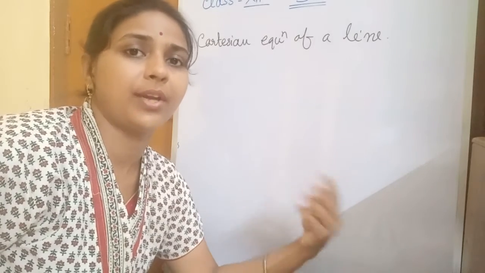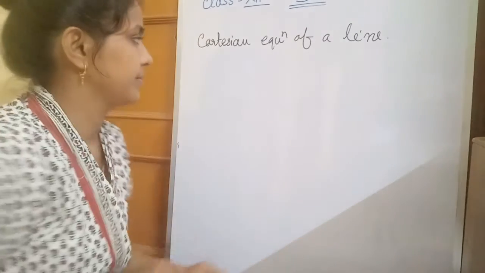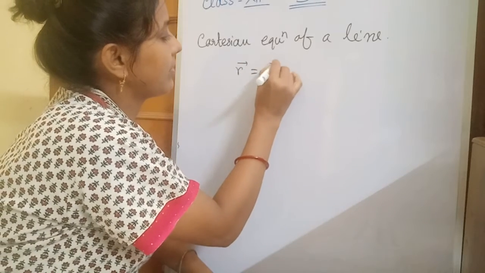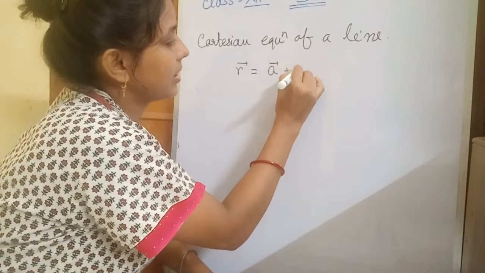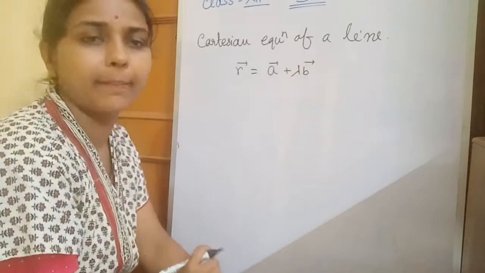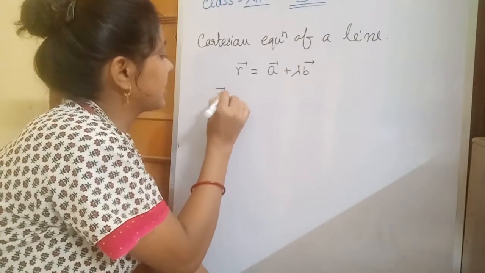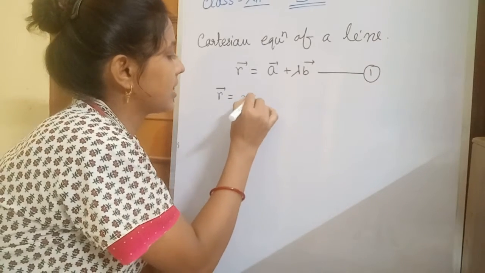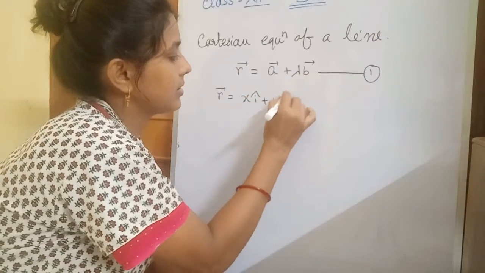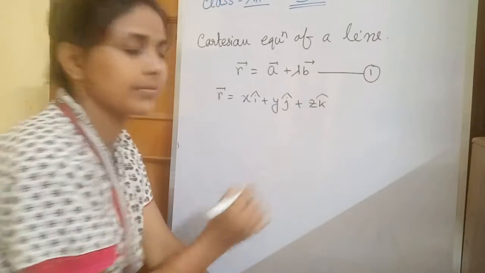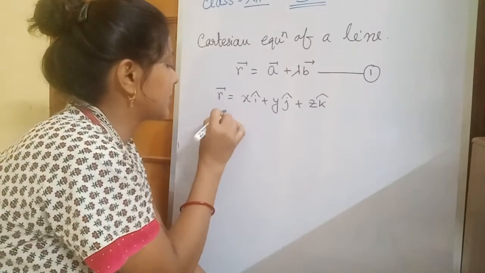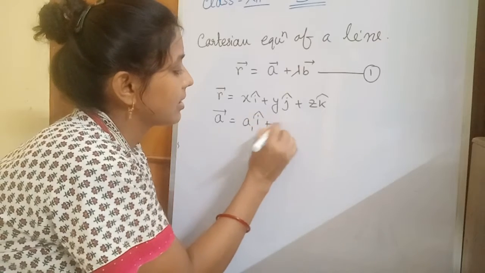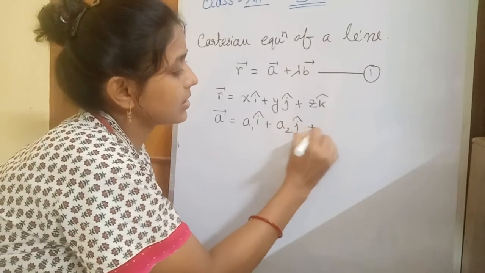That will be very easy. The vector equation we got is r vector equals a vector plus lambda b vector, right? We will take r vector, I am giving it number 1, as x i plus y j plus z k. And a vector, which is the given vector, we will take as a1 i plus a2 j plus a3 k.